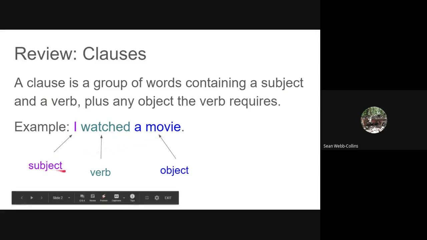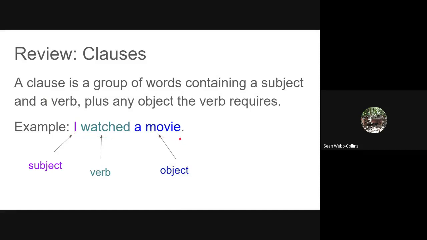I is the subject, watched is the verb, and a movie is the object. We can see here that this would be an example of an independent or main clause because it is a full sentence. It also involves a finite verb, a verb that reflects a tense. As we can see here, it's in the past simple tense.